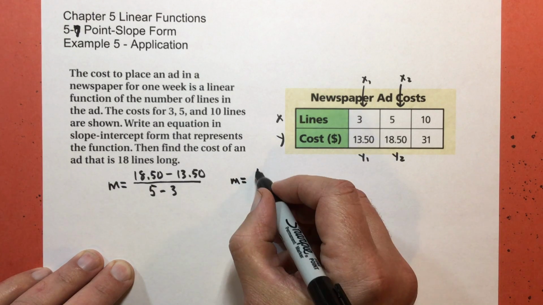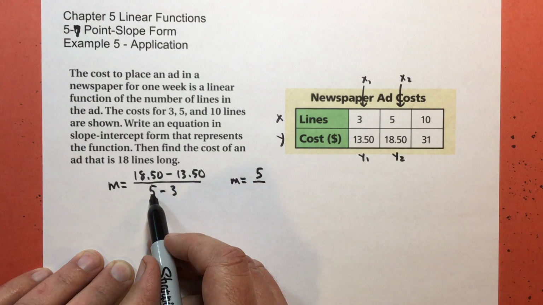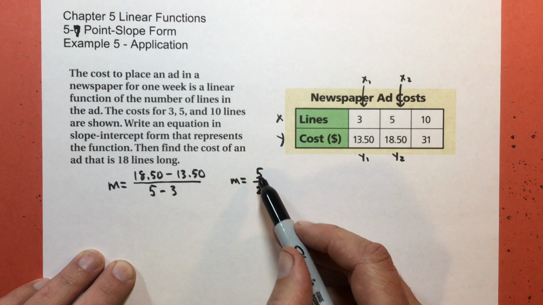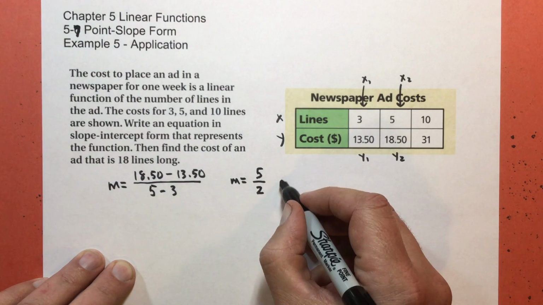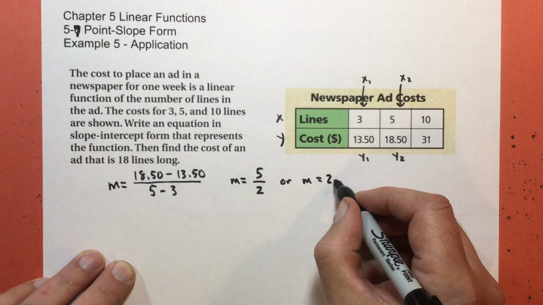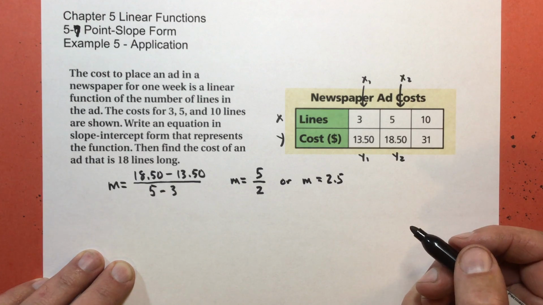So this is going to be 5. There's a $5 difference between that. 5 lines subtract 3 lines is 2. So it's $5 for 2 lines, or the slope is going to be 2.5, or $2.50.